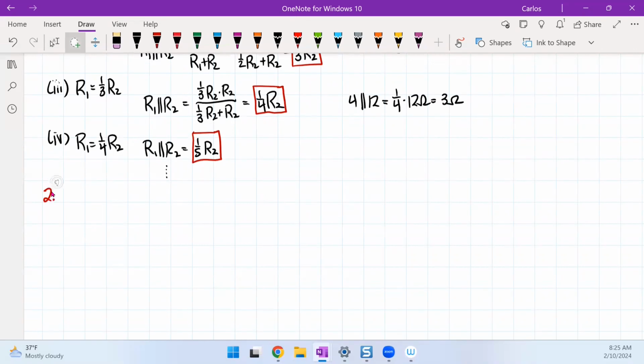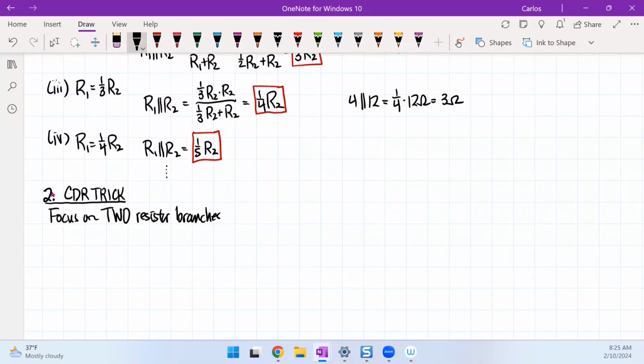Now, let's go in and look at the second trick. And this is what I call the CDR trick. The CDR trick requires us to focus on 2 resistor branches.